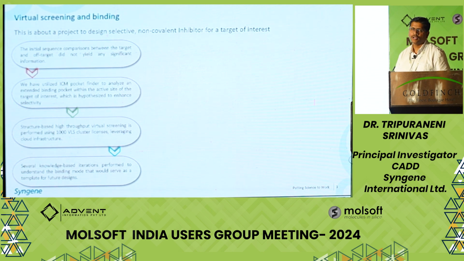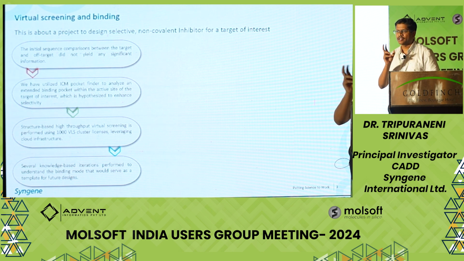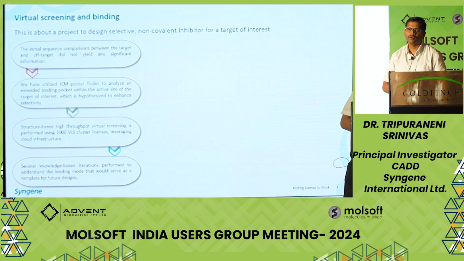After a series of iterations, we decided to do a virtual screening. For that, we used VLS cluster licenses of ICM. We launched the study on cloud to find out what possible hits come into the actual pocket, and what possible hits come into the newly found non-canonical, subtle pocket, which looks like an extension of the original pocket.